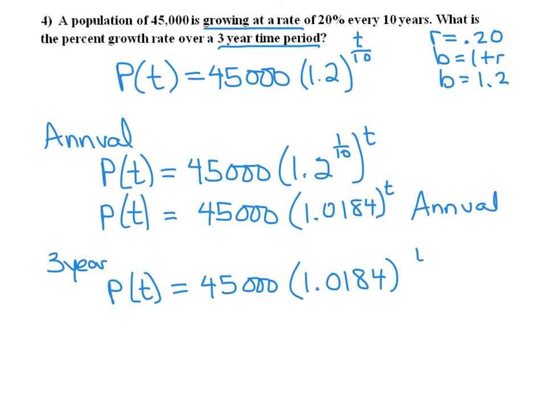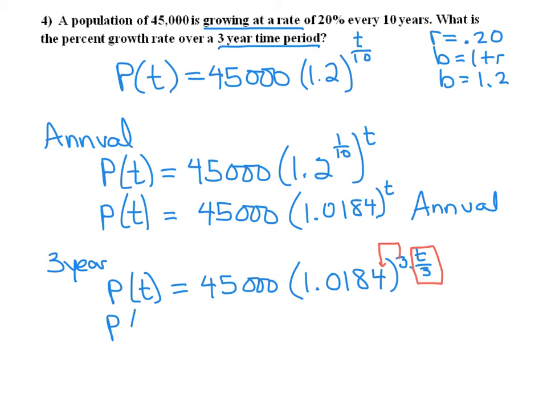I want to end up with t over 3, so to make sure that I'm balancing out that 3, I'm going to also multiply by 3. I want to end up with t over 3 as my exponent on the outside, so this extra factor of 3 becomes an exponent on the inside.